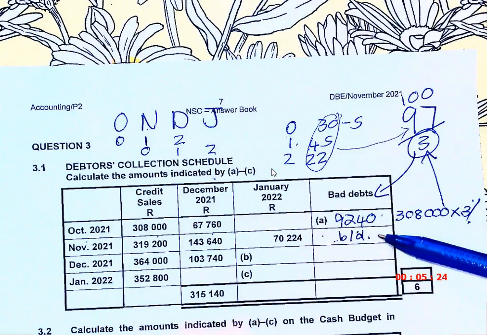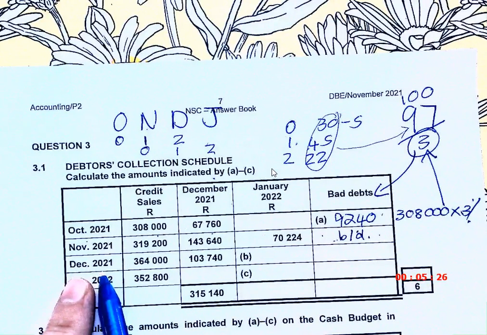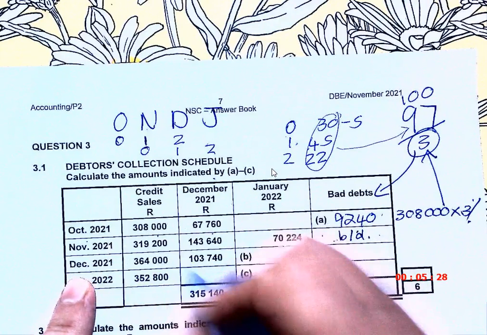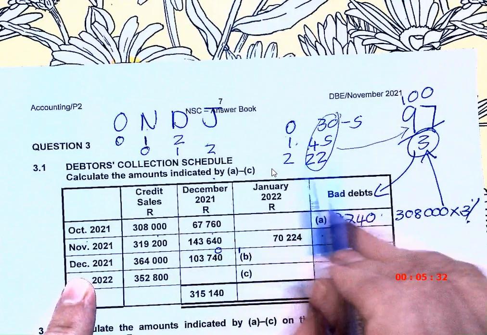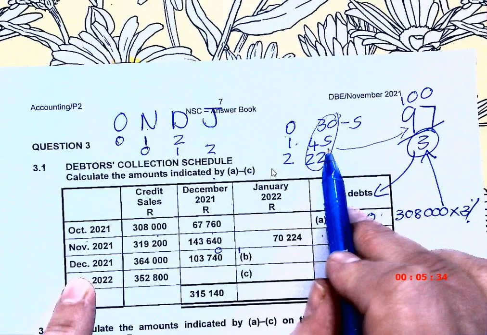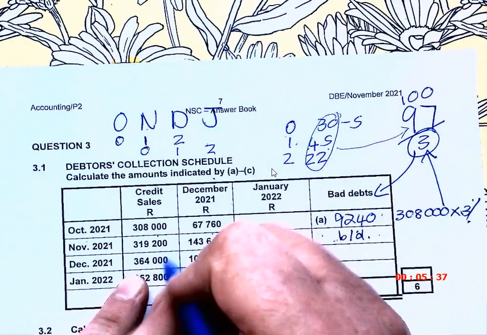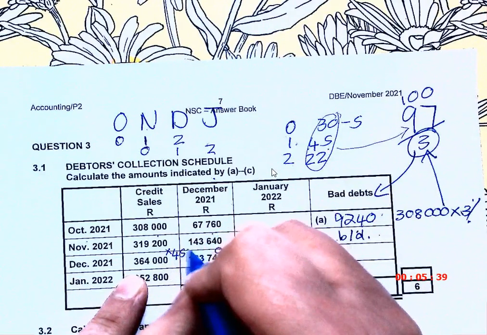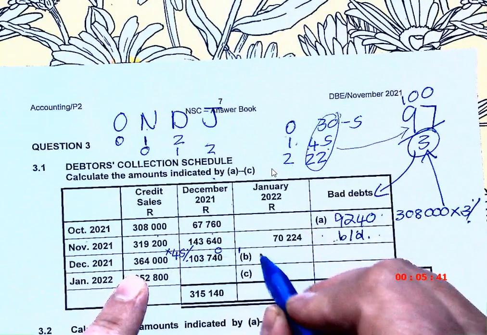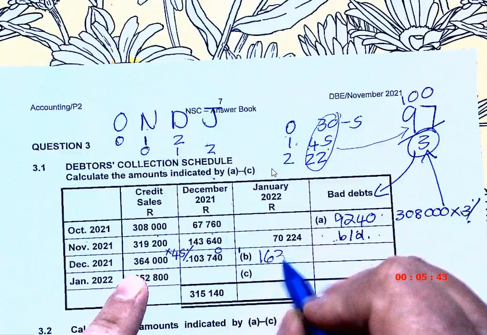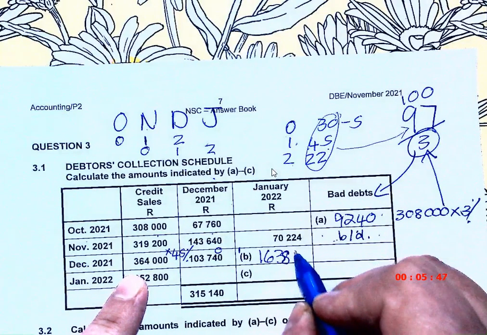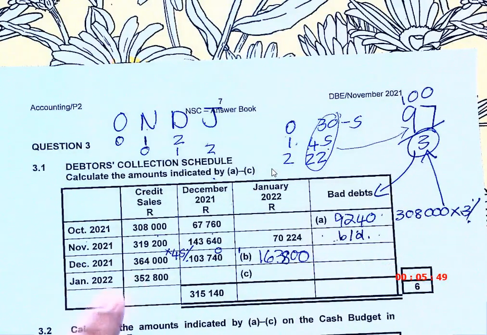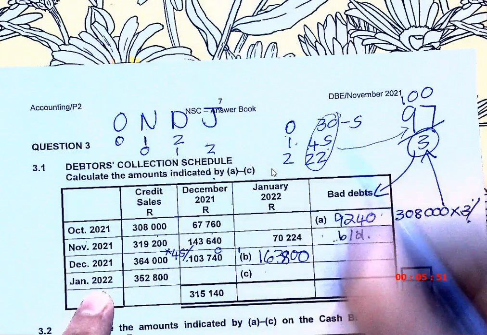Okay. Now, December is 0, so meaning January is 1, which is 45%. So, 364 times 45% gives me 163800. Yeah. Okay. January is 0.